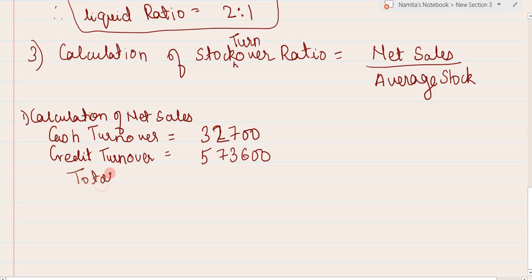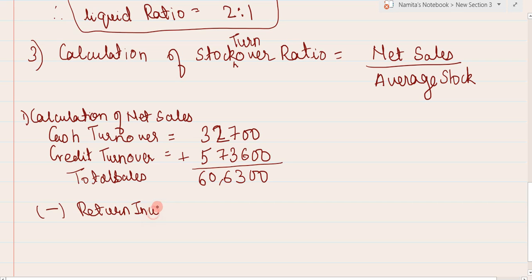Total sales is equal to the addition of these two things. So add 5,73,600 plus 32,700, we get 6,06,300. Okay, from this 6,06,300 less returns inward.